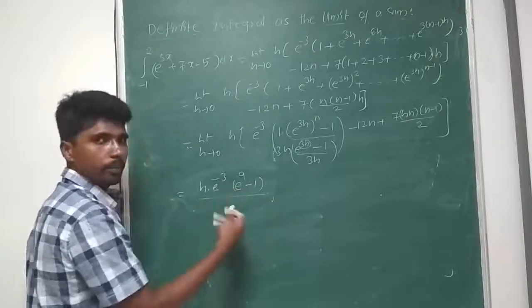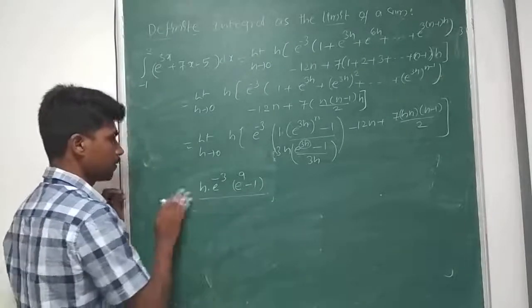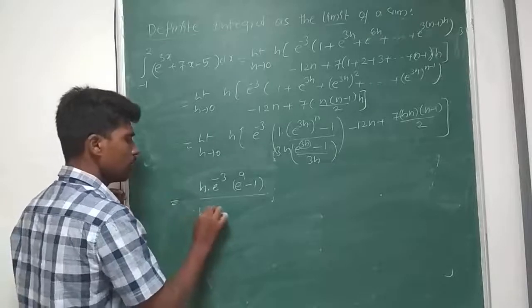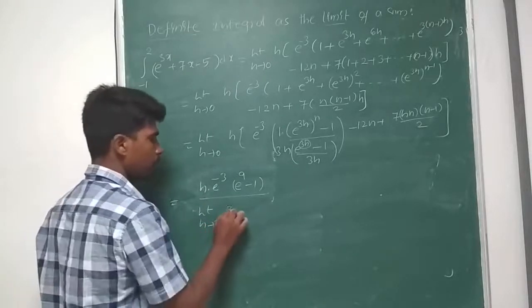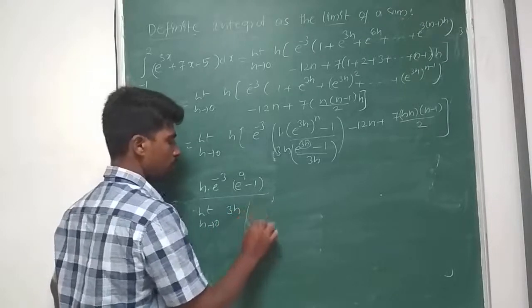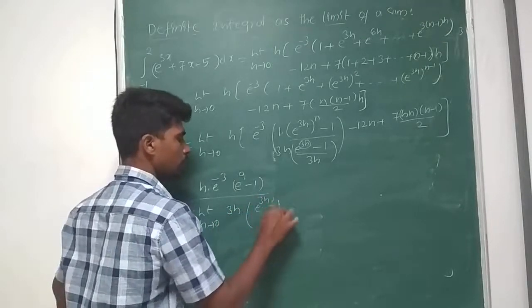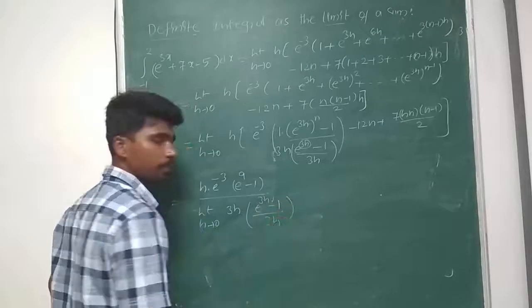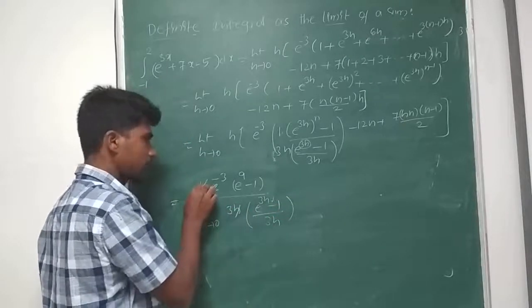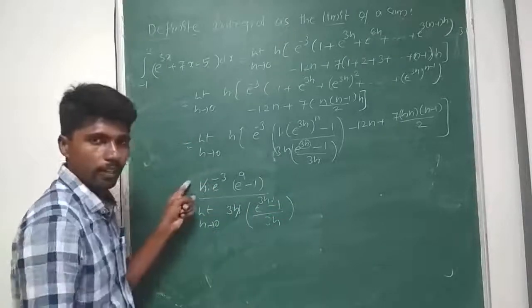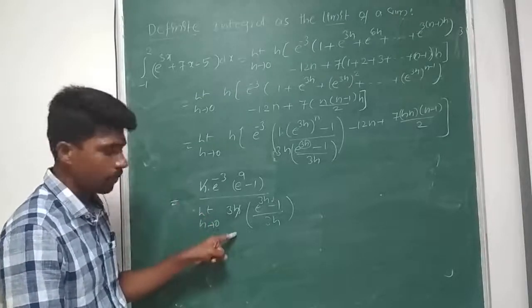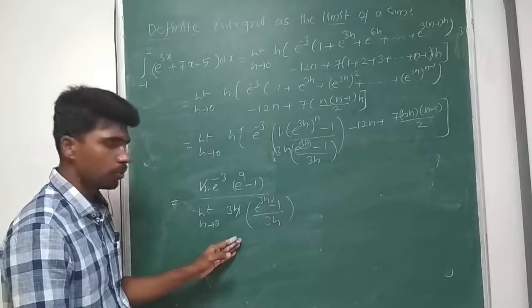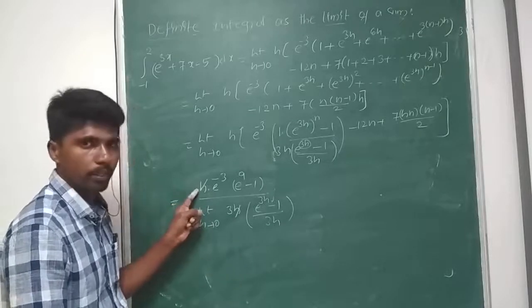So for this limit, no need to apply. Limit h tending to 0, 3h into e power 3h minus 1 by 3h. Right? h and h get cancelled. Actually I have to write limit here also, because this h will get cancelled; that is the reason I used it and didn't mention the limit here.